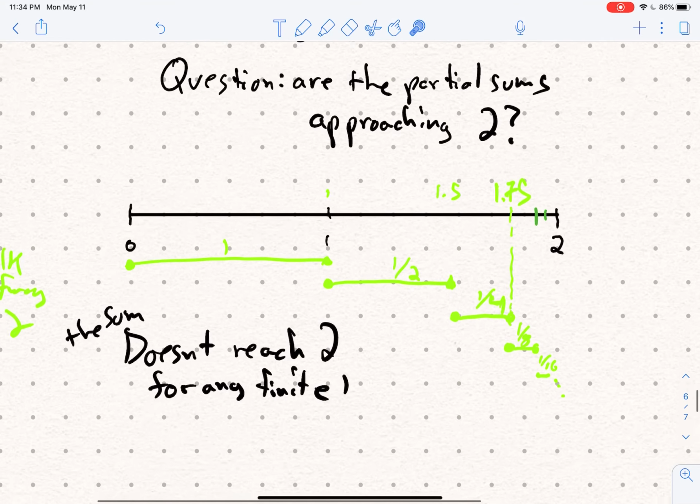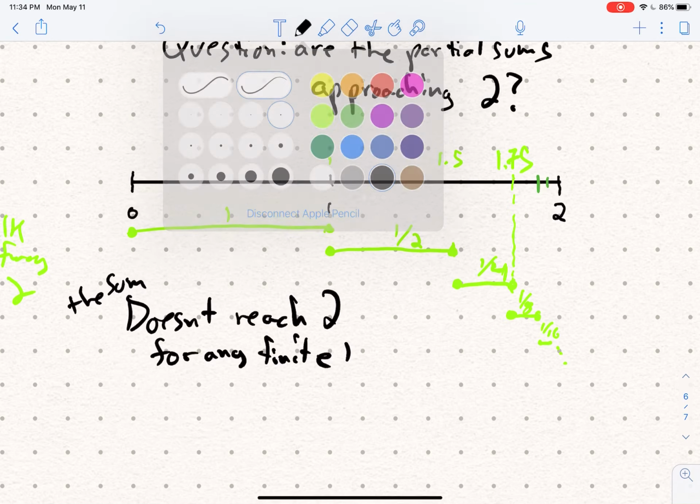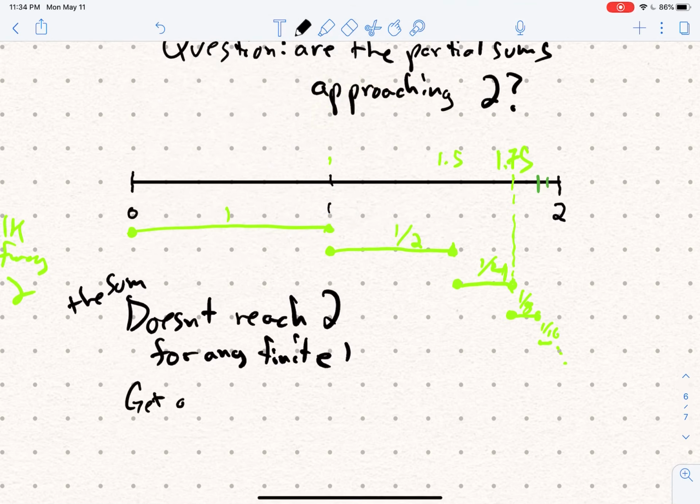So even though we don't reach 2 in any finite number of steps, the way that we like to say this in math is we get arbitrarily close to 2. Now, let us translate this into a formula.